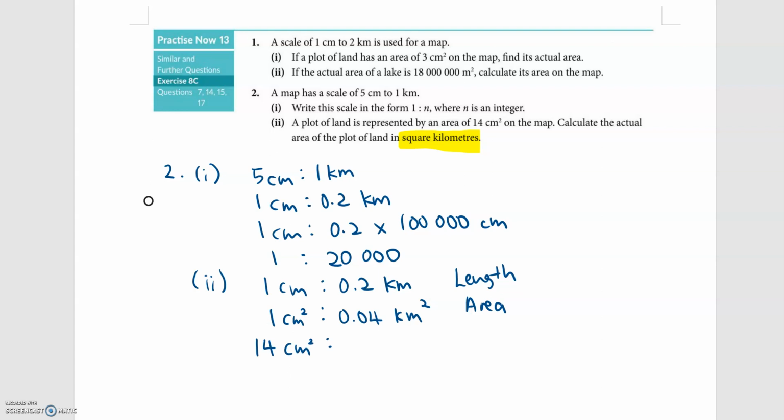So I need to multiply by 14 to give me 0.56 kilometers square. So the actual area of the plot of land is 0.56 kilometers square. Then I will write the answer out. So this is for question 2 of practice now 13.